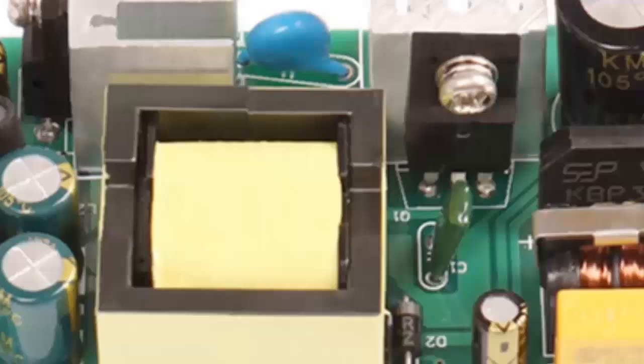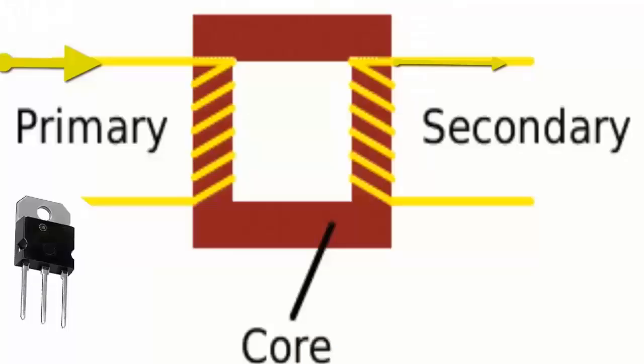Subsequently, this voltage will be rectified by a bridge of diodes, stabilized by capacitors, and regulated by the voltage regulator to supply stable direct current to the electronic board.